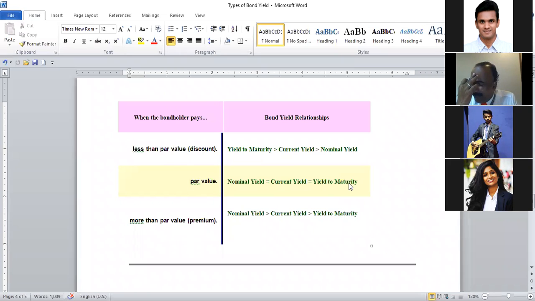Yield to maturity is higher or less in a discount bond? Sorry, sir. It's higher, sir. Yield to maturity is higher than the current yield or nominal yield. Okay, good.